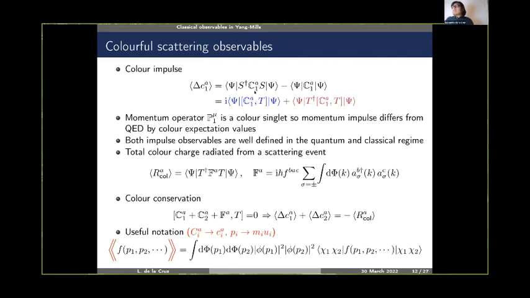Again, using unitarity and the expression of the S matrix in terms of the transition matrix, I obtain that the color impulse contains two terms: one term that is proportional only to the amplitude, and another term that is proportional to the square of the amplitude.